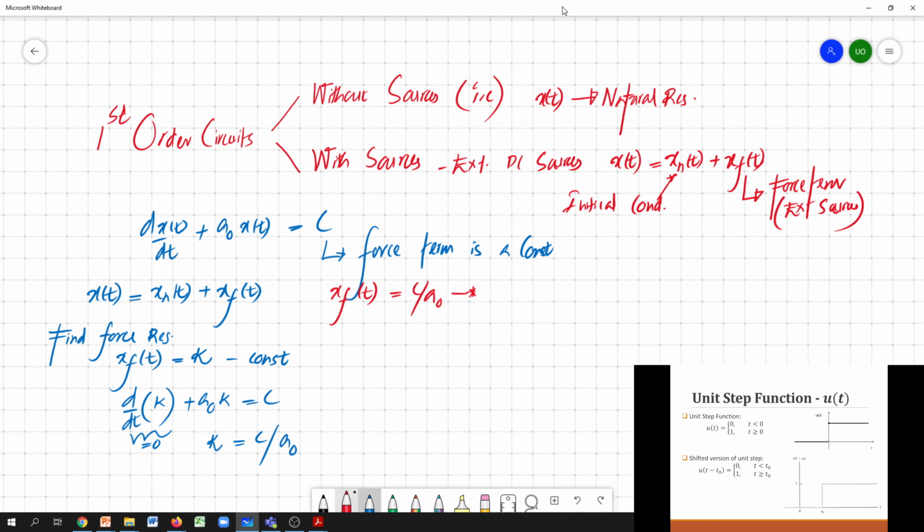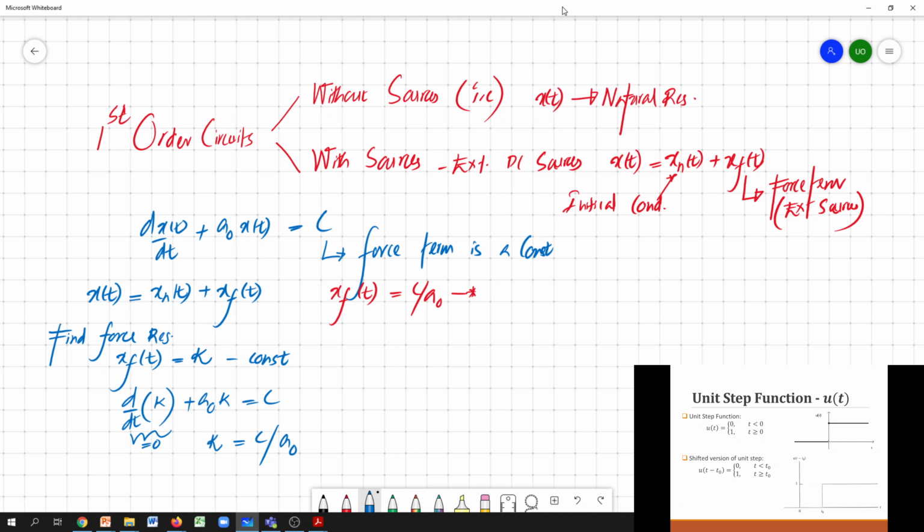Here c is the right hand side of the differential equation and a naught is the coefficient of the zeroth order term. Keep in mind this is not a standard formula, so you have to start from scratch to derive this. You cannot simply take this as a formal equation, because it depends on the equation you obtain.